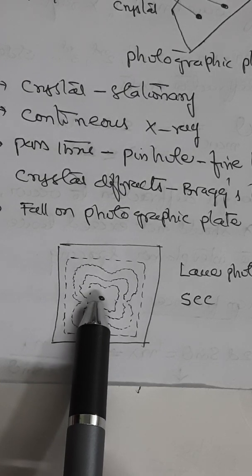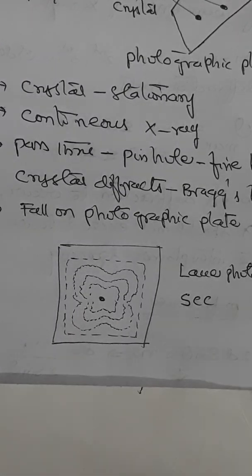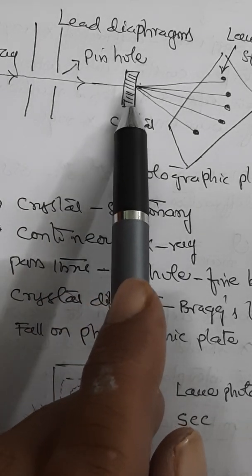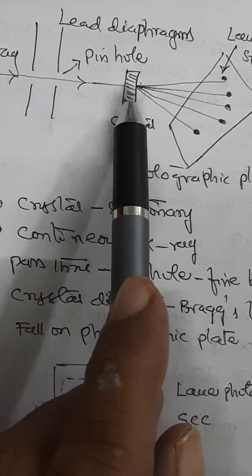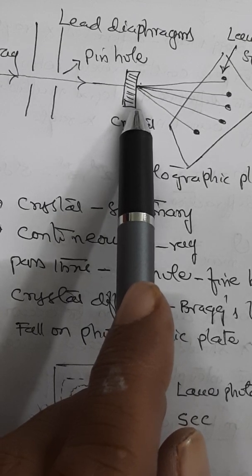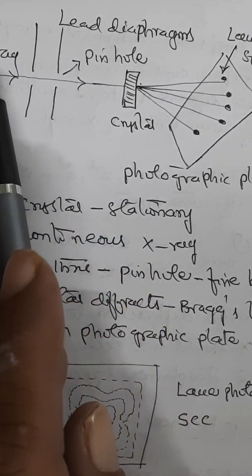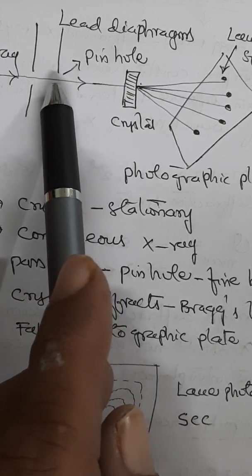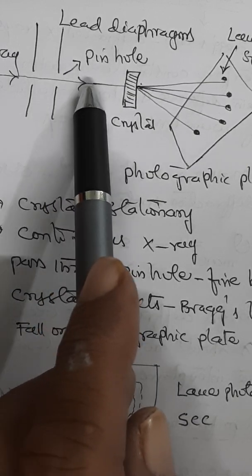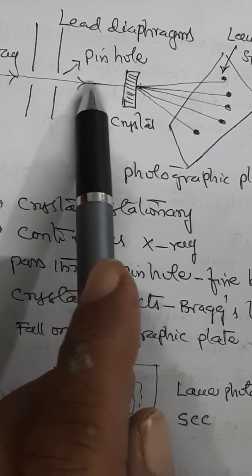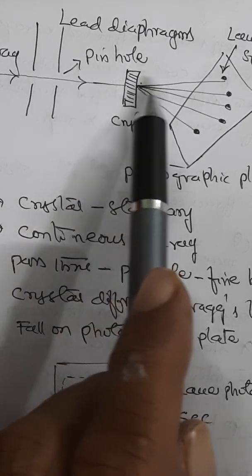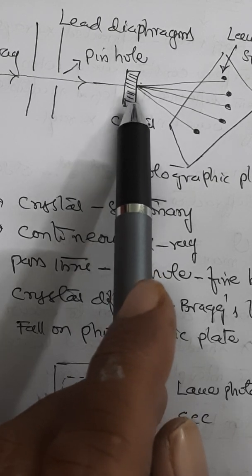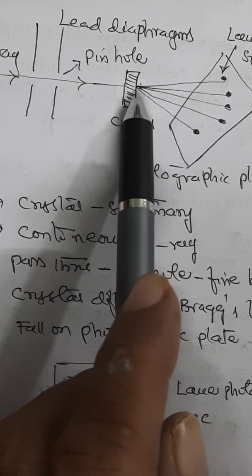So if you analyze the entire process, the crystal whose structure has to be studied is held stationary in a continuous X-ray beam. After passing through the pinholes of the lead diaphragms, we obtain a fine beam of X-ray. These X-rays are allowed to fall on the crystal. The crystal planes in the crystal diffract these X-rays, satisfying Bragg's law.